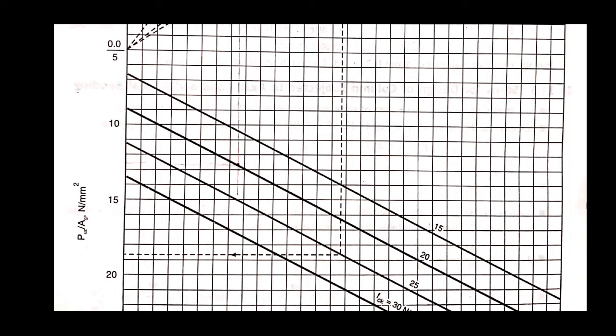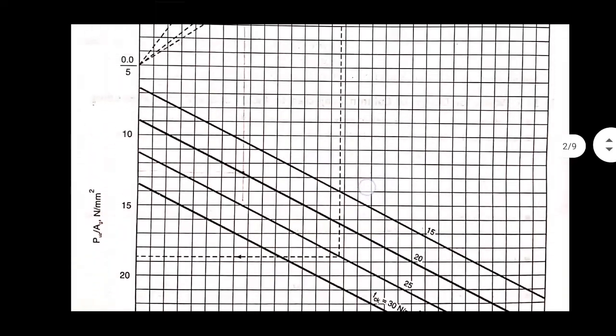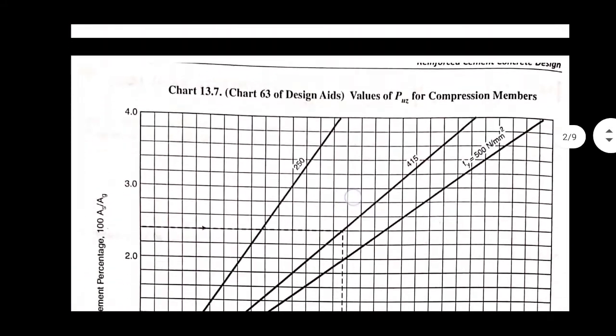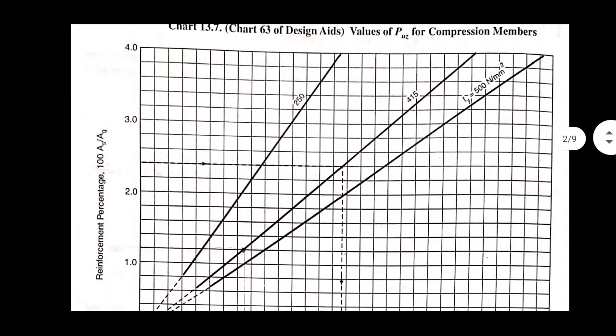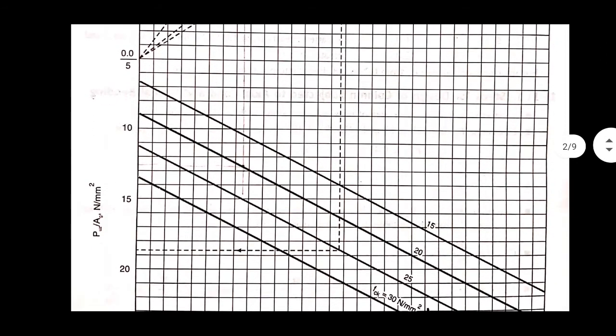After that, draw the straight line up to Puz by Ag. It is between 10 to 15. There are 5 divisions, so 10, 11, 12, this is 12.5. So Puz by Ag is 12.5 from chart number 63 of SP16. From this value we have to find the value of Puz.